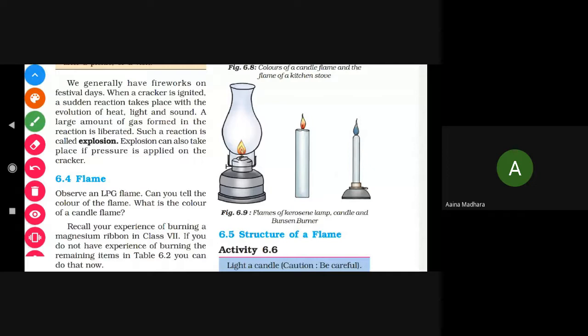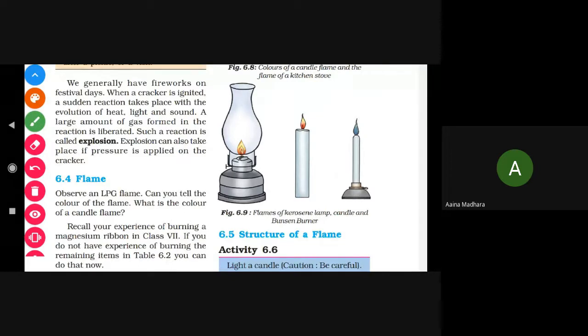A large amount of gas formed in the reaction is liberated, and such a reaction is called explosion.